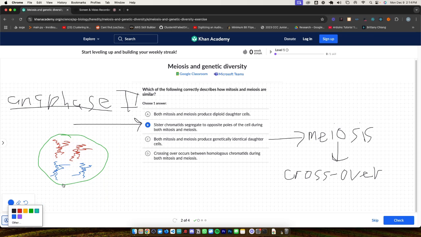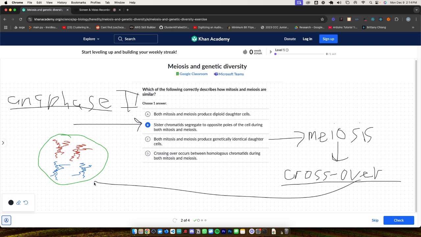Anyways, you have these two sets of DNA. What happens during chromosomal crossover? You're going to have homologous pairs.